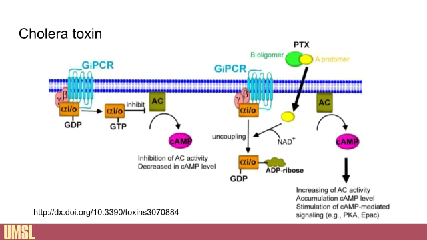This toxin, through ADP ribosylation, inactivates the signaling protein, taking the brakes off of adenylate cyclase. Our cells begin overproducing cyclic AMP and start basically secreting a whole bunch of water, chloride anions, and carbonate.